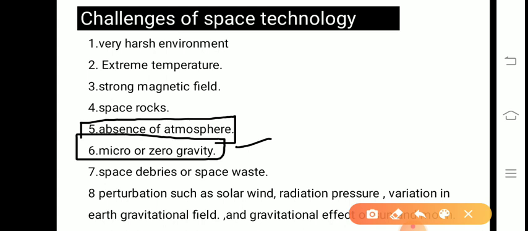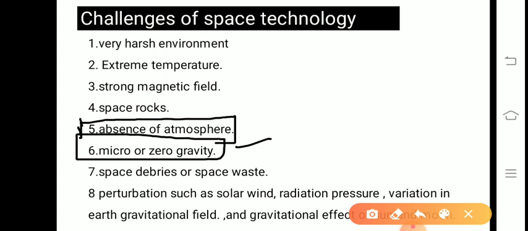So there is no atmosphere. So when we are sending any people into the ISS, International Space Station, or do some space activity or tourism, for that we must bring oxygen cylinders.